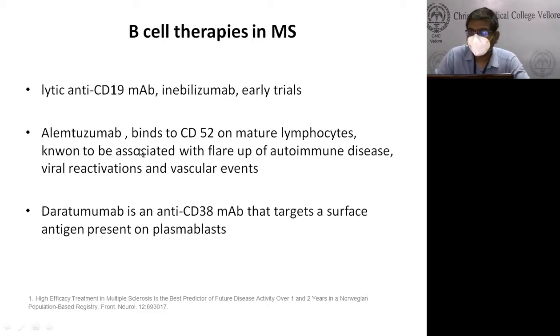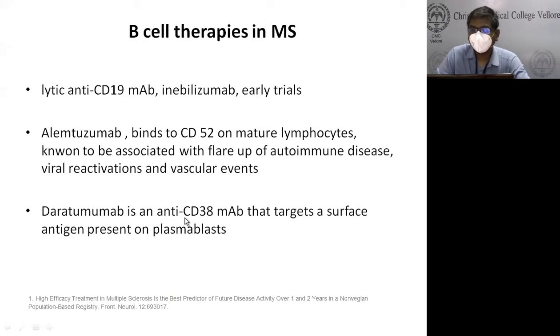Alemtuzumab, extrapolated from rheumatology and hematology, is an anti-CD52 which acts on mature lymphocytes. It has been proven to be a high-efficacy treatment in multiple sclerosis. But it has a lot of side effects, including flare-up of autoimmune disease, viral reactivations such as herpes and varicella, as well as risk of vascular events like ischemia and thrombosis.